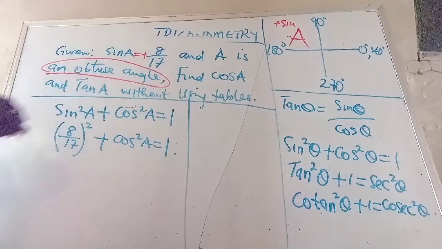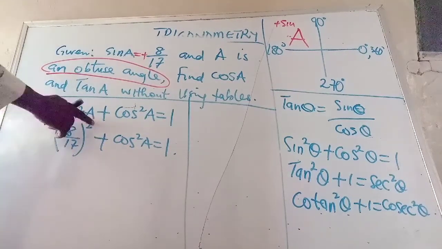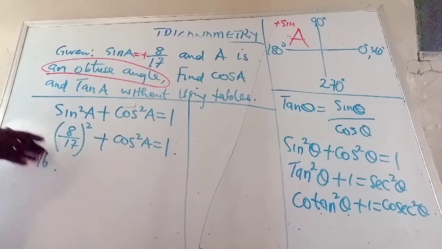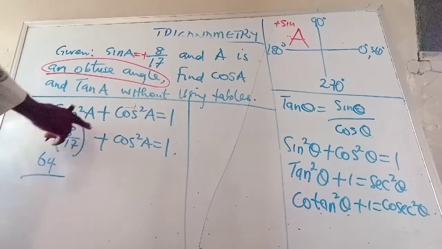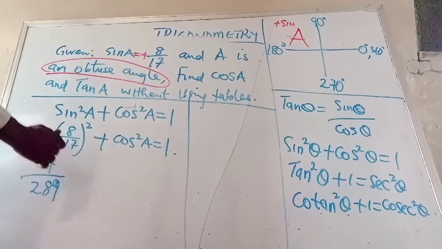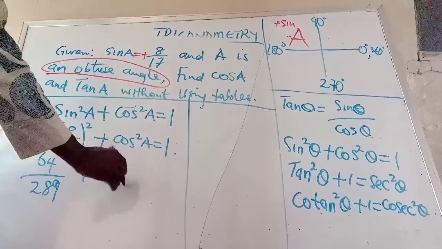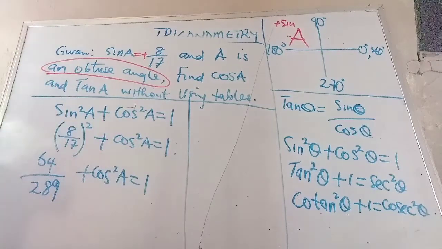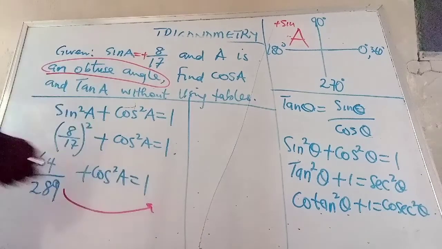Alright. Having done that, what's the next thing? The square will be used. 8 raised to power 2 is, I'm sorry, 64. 8 raised to power 2 means 8 times 8, 64. And 17 square means 289 when you square it. So, plus cosine square of A equals to 1. By flipping this one to the other side, it becomes minus.